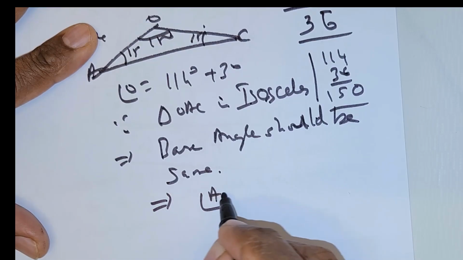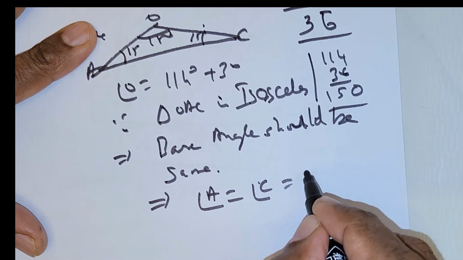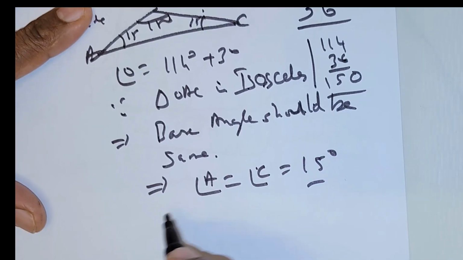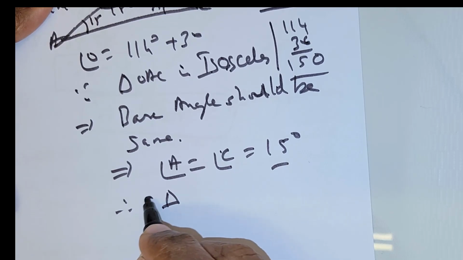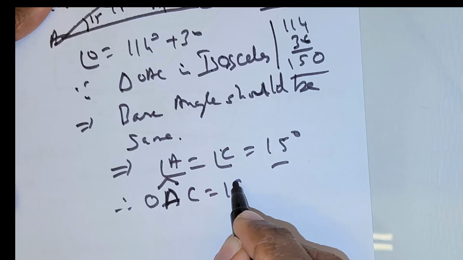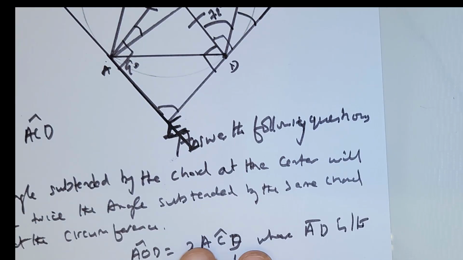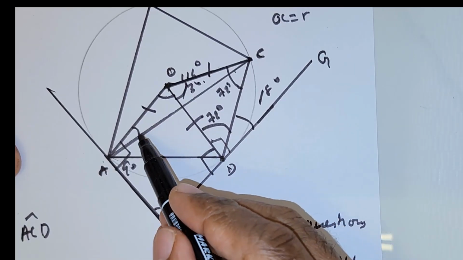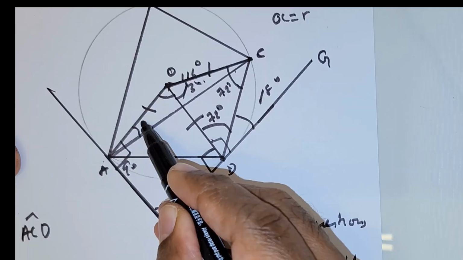So angle at A should be equal to the angle at C, which is equal to 15 degrees. Therefore angle OAC is equal to 15 degrees. This is what is required. Okay, so let me go to the figure. You see, this angle is what is required. So this is going to be 15 degrees.